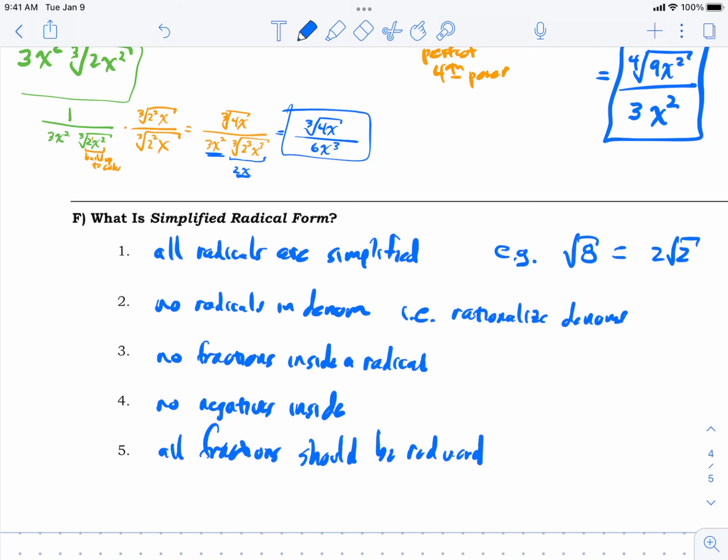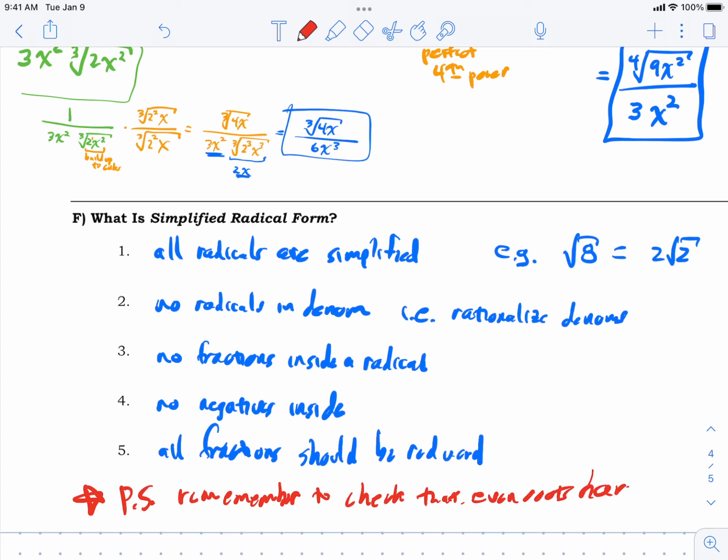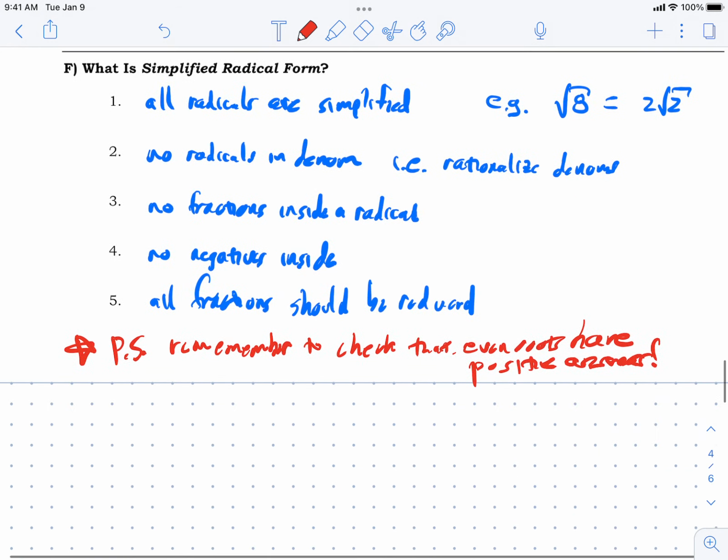And I'm going to put a big PS here because it occurs to me I'm kind of forgetting this myself. PS. Remember to check that even roots come out positive. That even roots have positive answers. You take an even root, it has to have a positive answer.